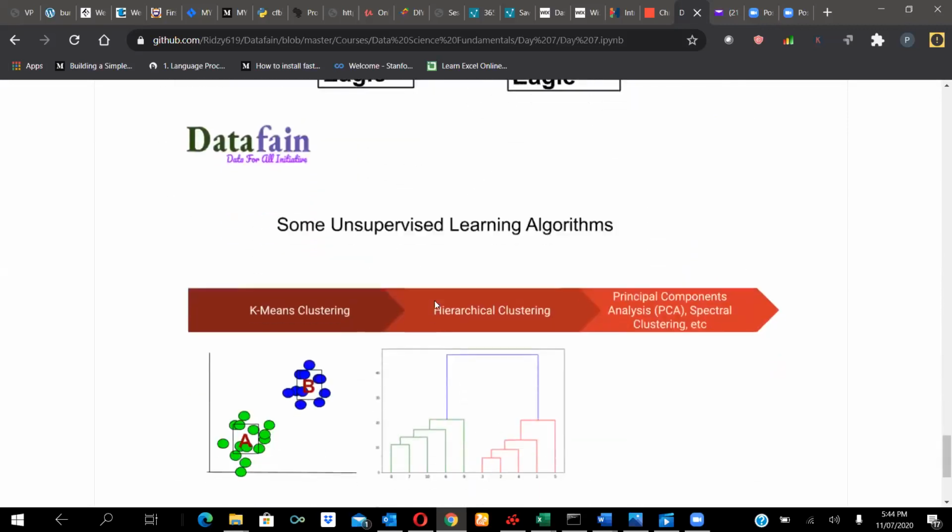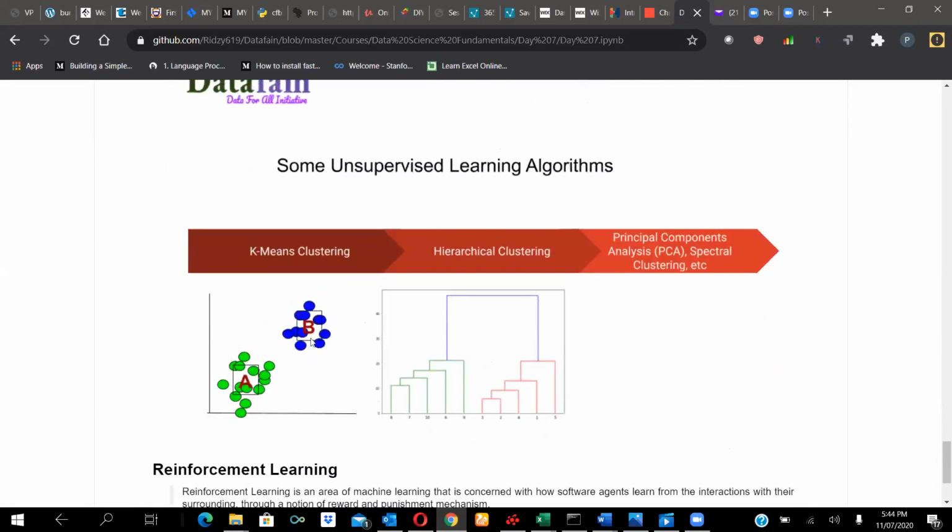But for k-means clustering, our algorithm first sees every data point here as a circle, not minding the color. Then it starts to separate them based on colors.